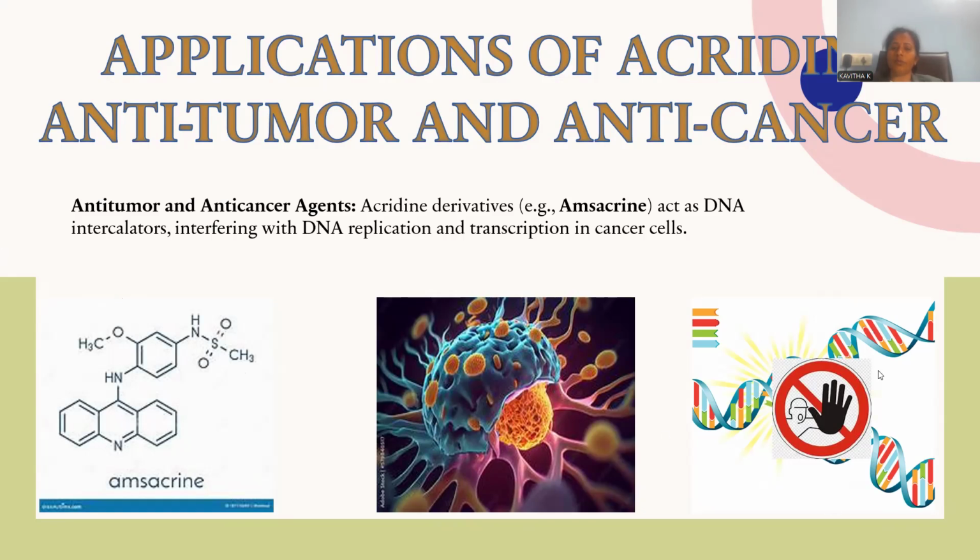They are able to retard the replication and transcription of the DNA of the cells propagating the cancer, so that cancer cell propagation will be totally destroyed by this drug called amsacrine, which works by the process called intercalation between DNA and RNA. They are able to bind with these nucleic acids, so that regulation of that cell propagation will be possible.